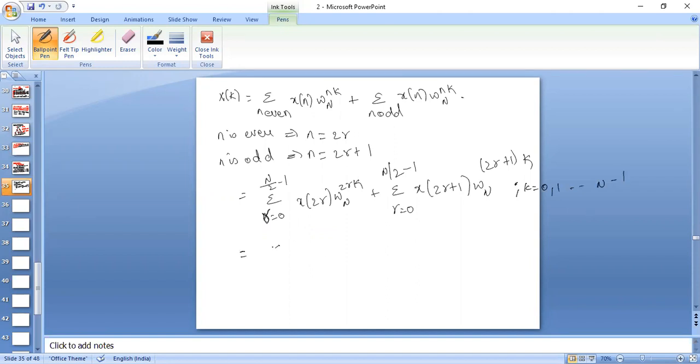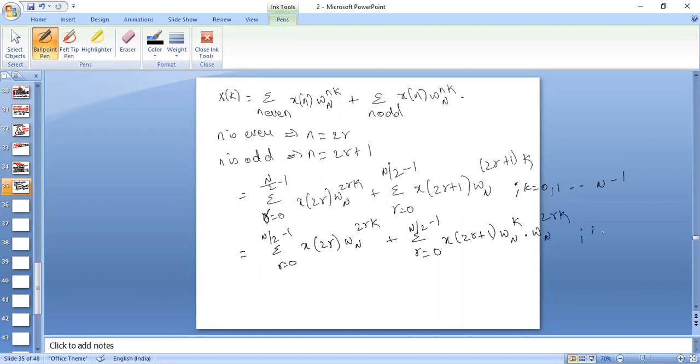So sigma r is equal to 0 to n by 2 minus 1, x of 2r omega n power 2rk plus sigma r is equal to 0 to n by 2 minus 1, x of 2r plus 1 into omega n power k, omega n power 2rk.